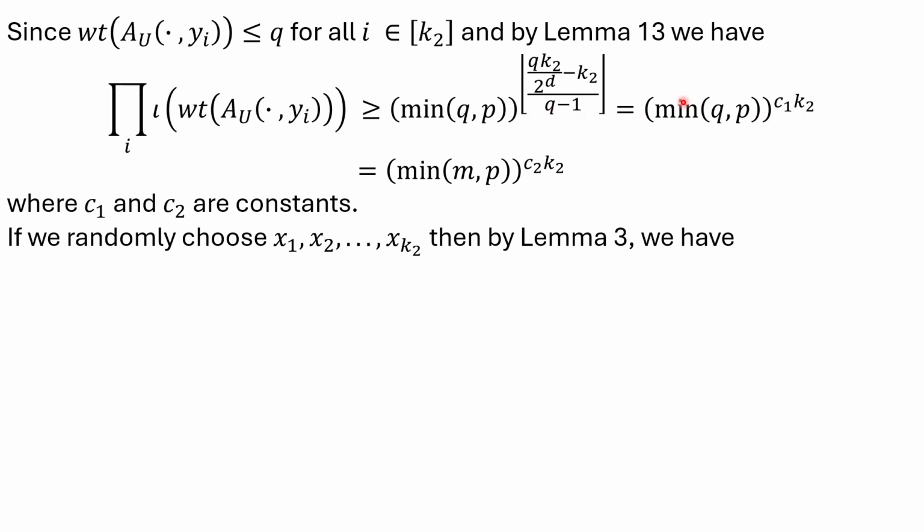This is equal to minimum QP to the power of C1 K2 for some C1 constant, which is equal to the minimum of MP to the power of C2 K2 for another C2 that is constant.